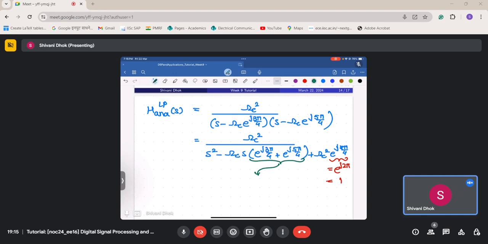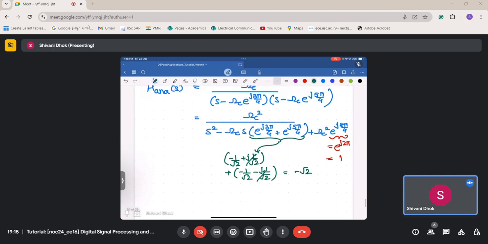e power j 3 pi by 4 is equal to minus 1 by root 2 plus j times 1 by root 2, and the other term is minus 1 by root 2 minus j times 1 by root 2. The imaginary parts cancel and this leads to minus root 2 overall. So minus (minus 2 upon root 2) is equal to root 2.